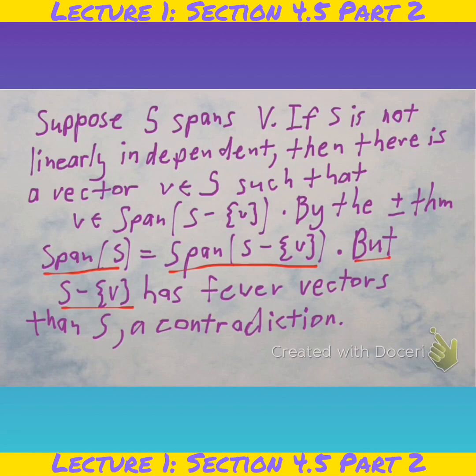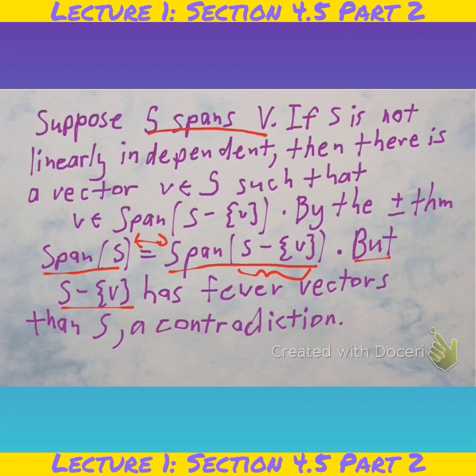So what does that mean? Remember we said that S spans V. So it also means that S minus v also spans V, because the spans of these two sets are the same. Therefore S minus v spans V as well.